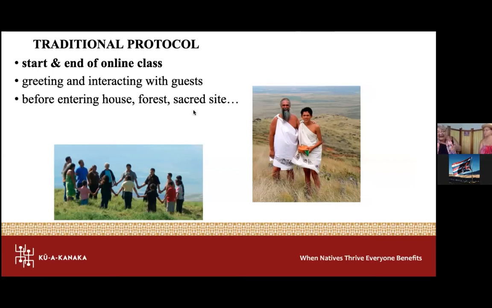When they enter a house or when they enter a forest or sacred site, they should know chants that will allow them to enter. And as I mentioned, if we are assigning them projects where they have to plant food, which I would highly recommend, again, same thing, before they plant, before they harvest, before they eat, they should do the appropriate protocol.